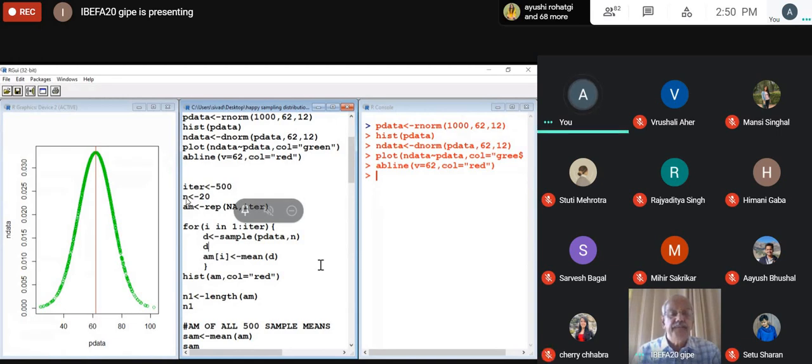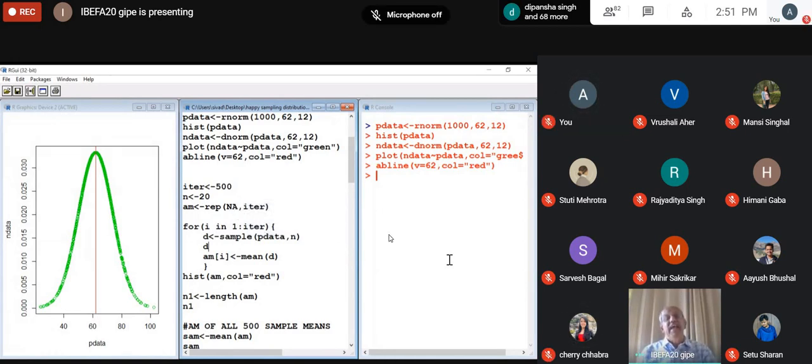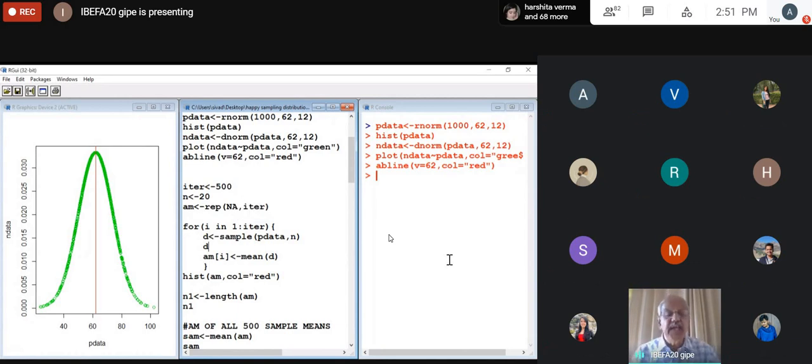Yeah, sir, but then what is the NA? N is the sample size. Each time select 20 students. Are you getting it now? Sir, what is ITER? Iteration, a repeated process.